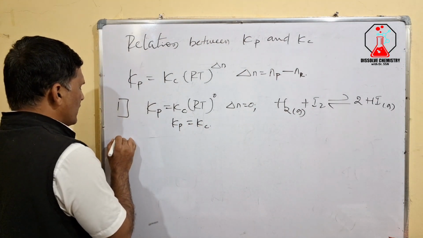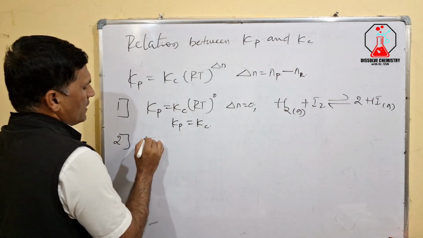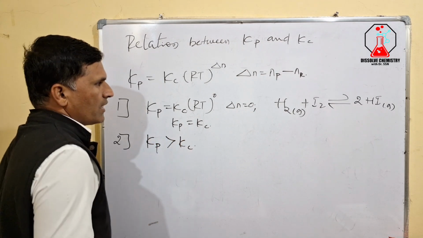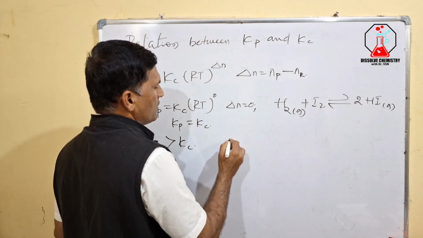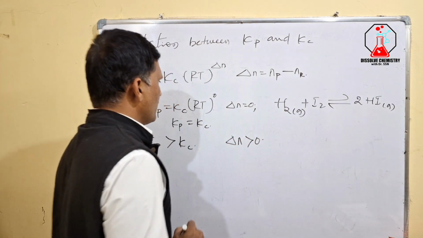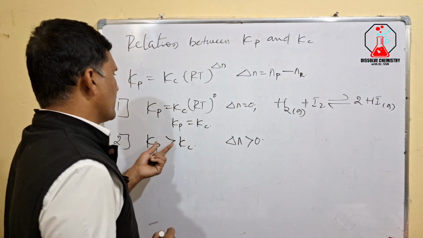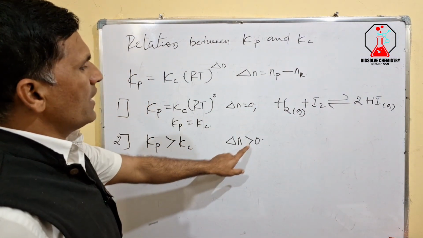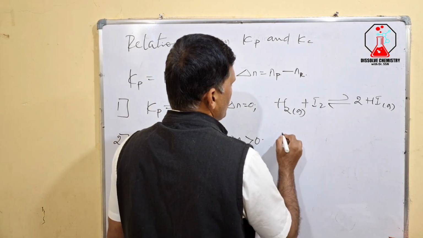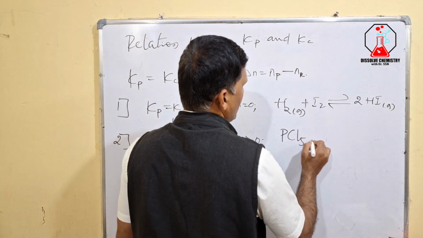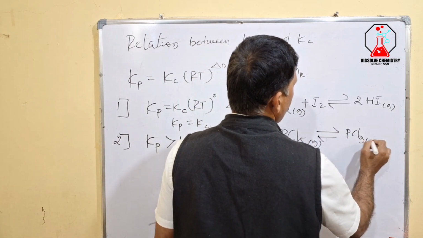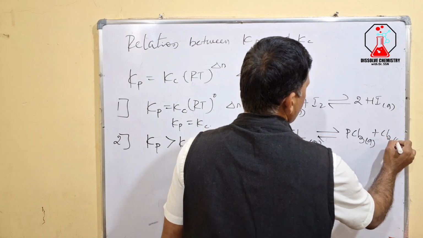Similarly we will take a second point, that Kp is greater than Kc. This happens when delta N is positive, or greater than 0. So for example, you can take PCl5, which undergoes decomposition to give PCl3 gas plus Cl2 gas.